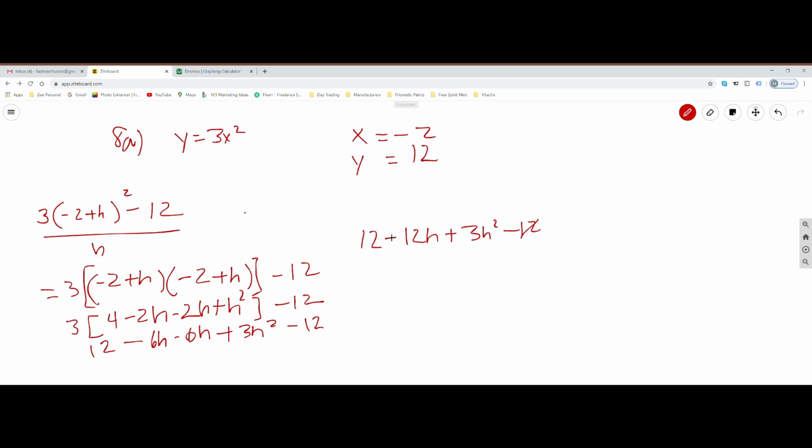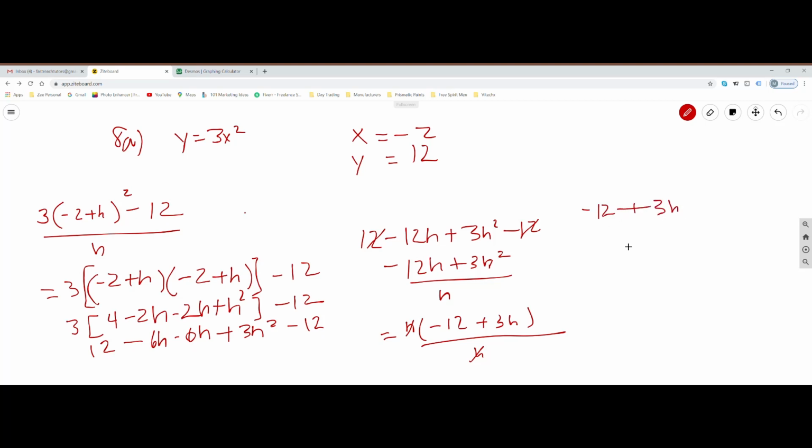The 12s cancel, and you get negative 12h plus 3h squared over h. Factor out the h, so you're left with negative 12 plus 3h over h. And then when you substitute 0 for the h, you just get negative 12.